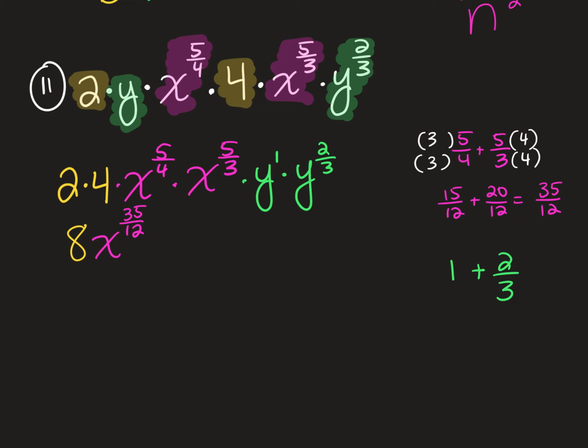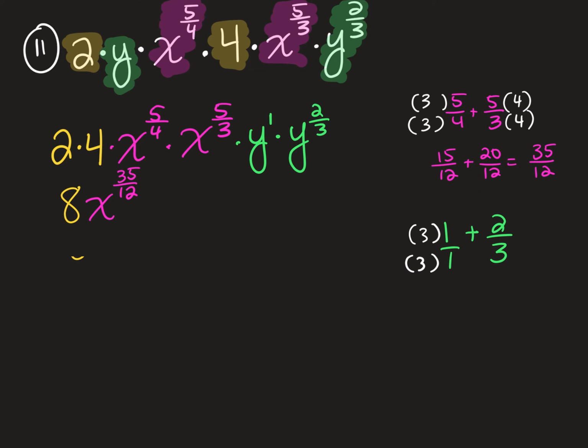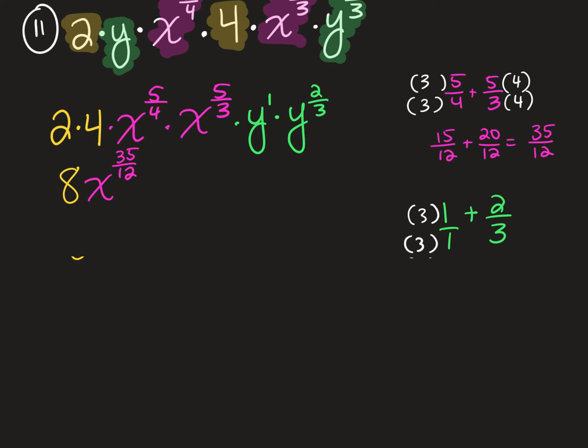So then get your common denominator and add. And you might be able to do this without actually working through it like this, and that's fine if you can. I just am going to show it. So we would have 3/3 plus 2/3 is 5/3. So that gives me an exponent on y of 5/3.